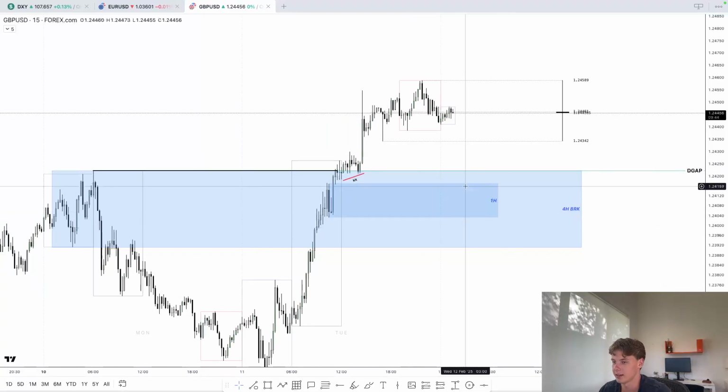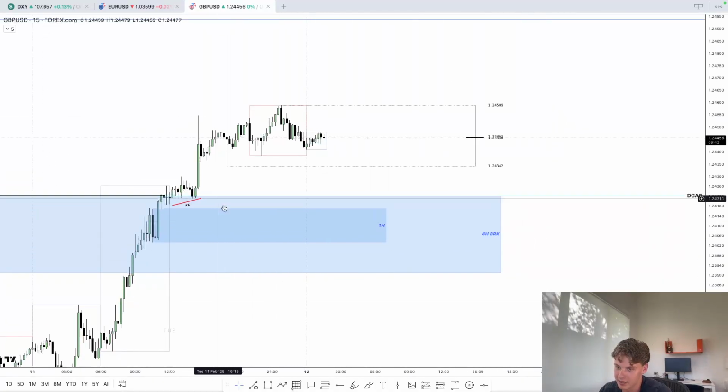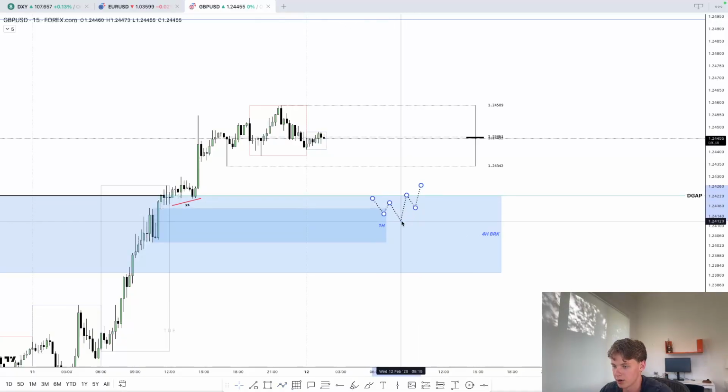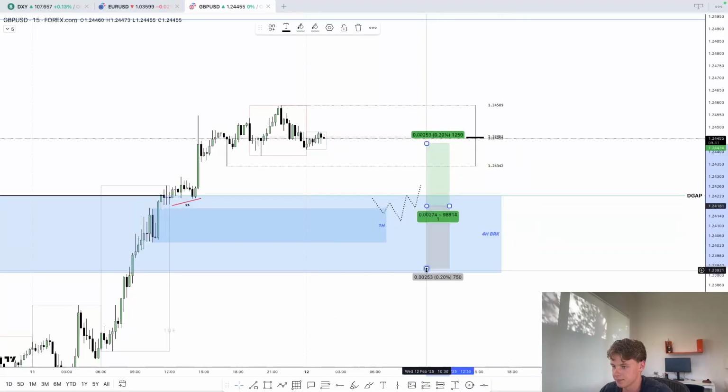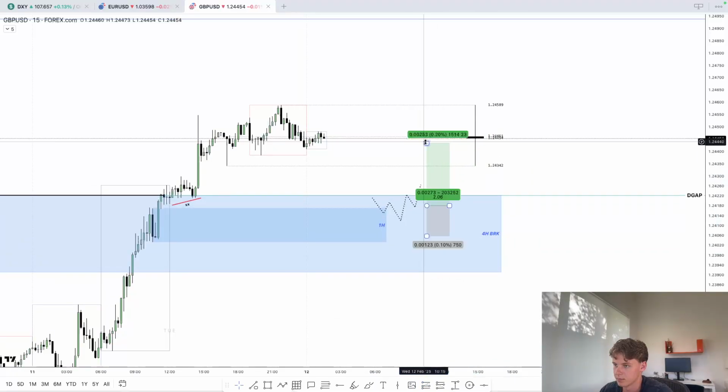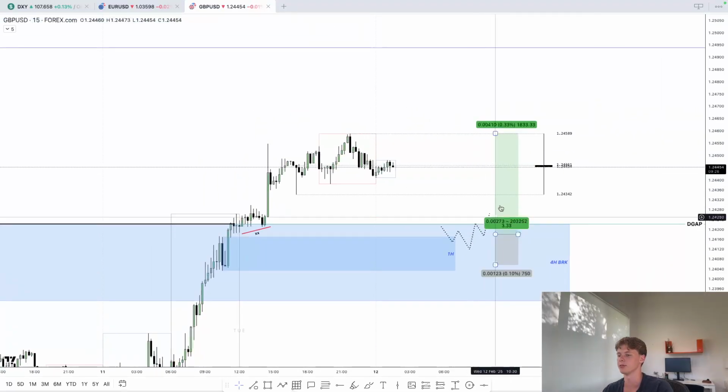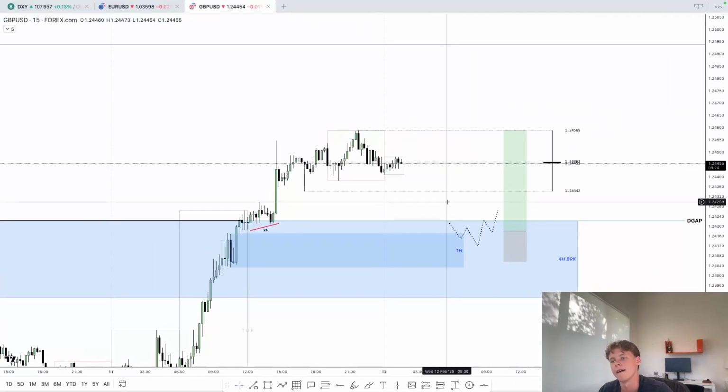So it's looking like this would be a very interesting place to take some longs from, and I will mark this out just as for the euro with my tool. And then yeah, we'll see if we get any trades.